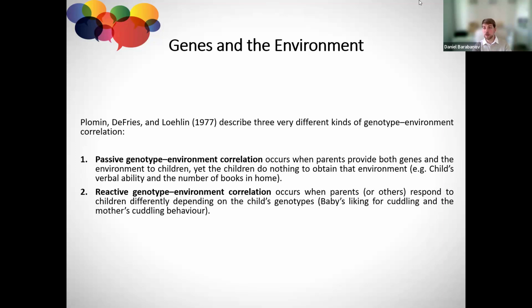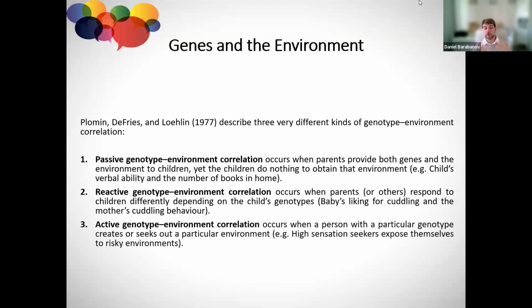So in this case, parents probably will cuddle the first child a lot and will stop cuddling the second child, right? So the child partially influences the situation, and parents respond to this genetic predisposition differently. So it creates this reactive genotype environment correlation.